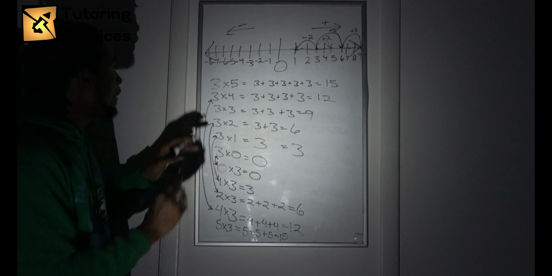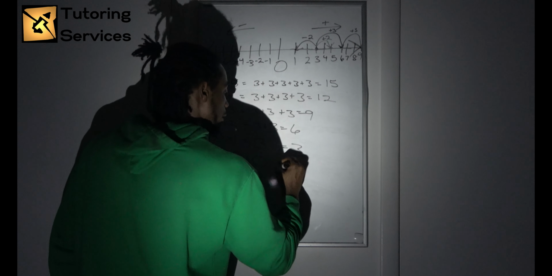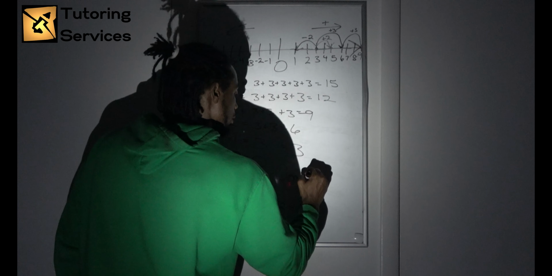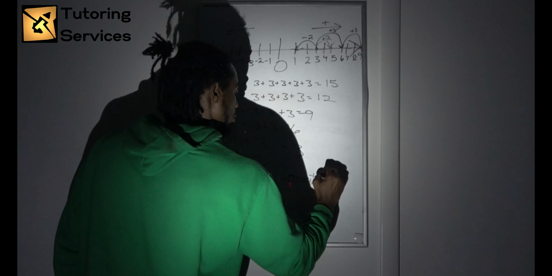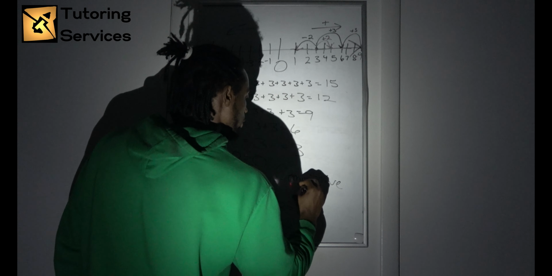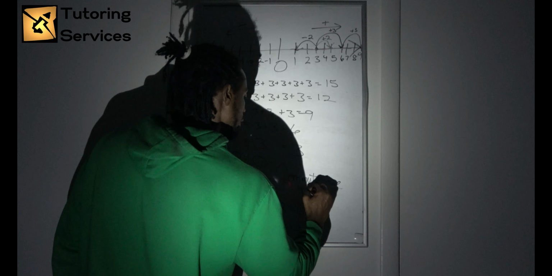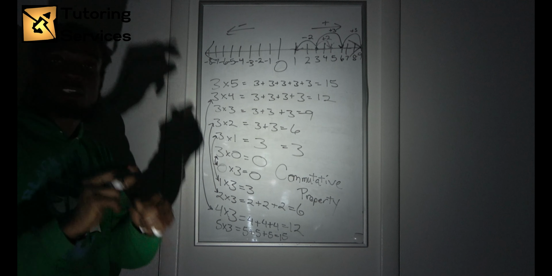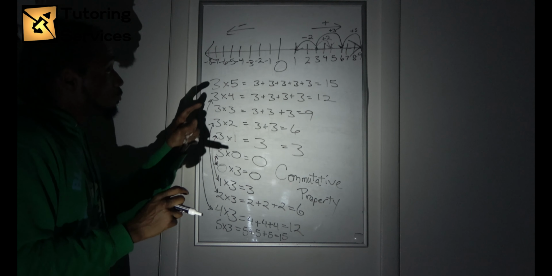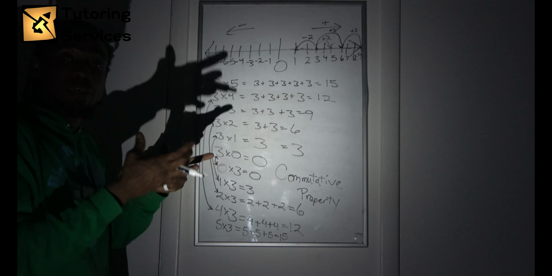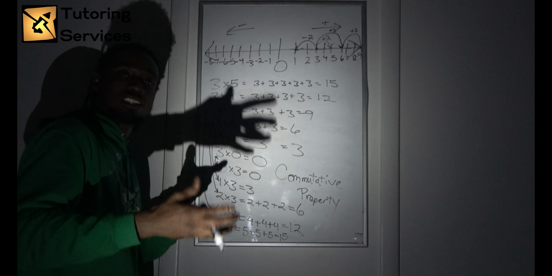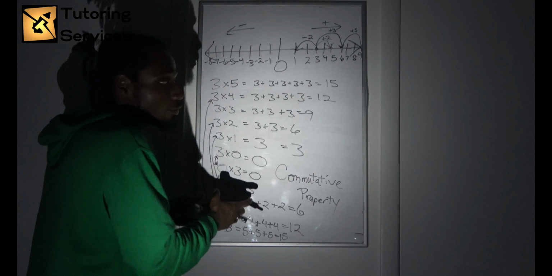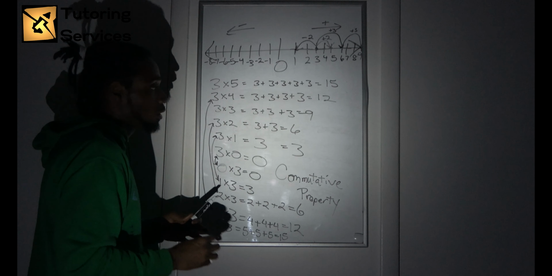So this is called a commutative property. Multiplication is commutative. Alright? And it's good to remember because you'll want to know this in order to make equations or different problems more understandable for you.